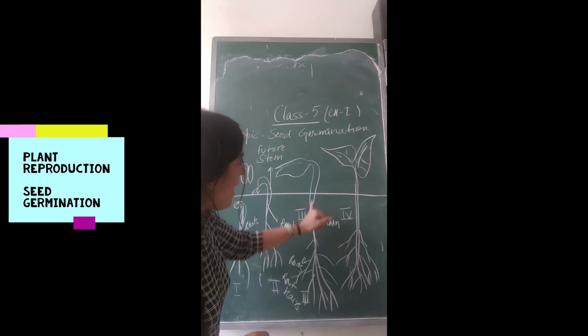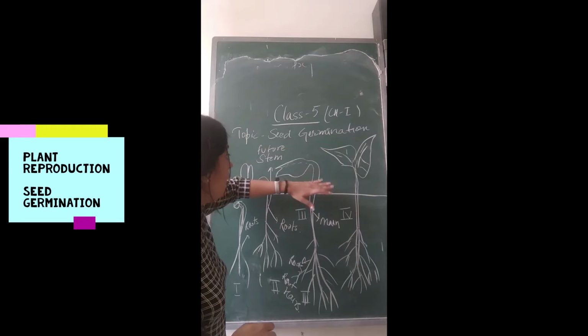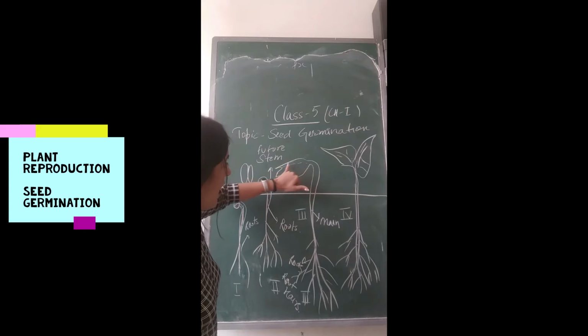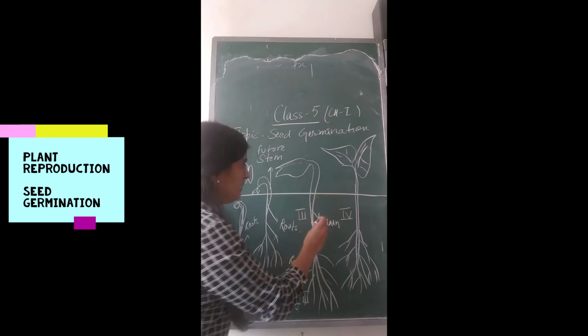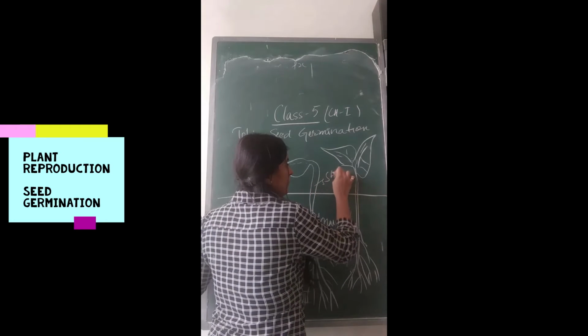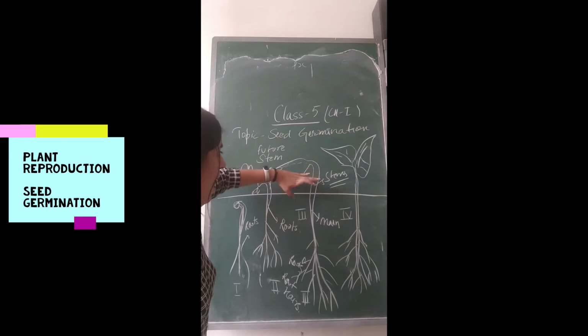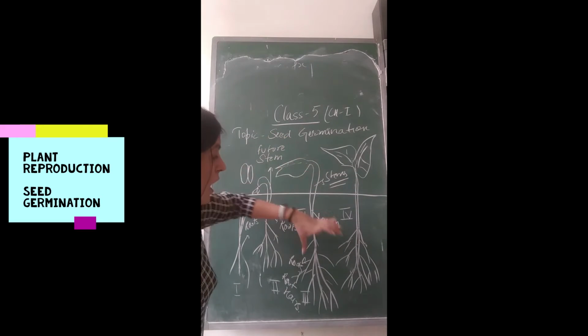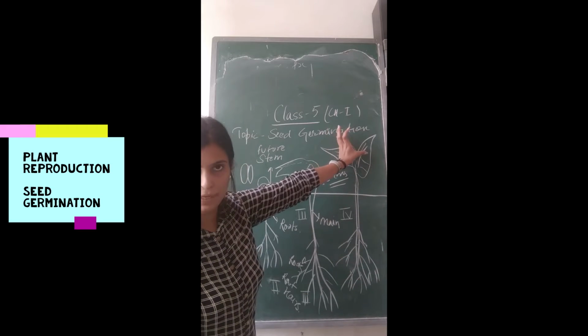On the above surface of the soil, we have seen leaves coming out. Leaves start to open. The stem grows and is starting to develop, and leaves are coming out. In the 4th stage, we can see a proper plant.